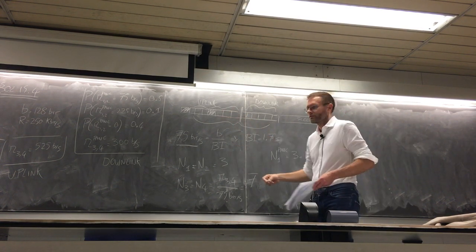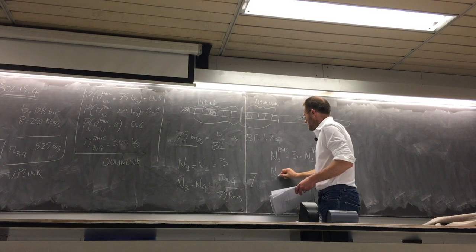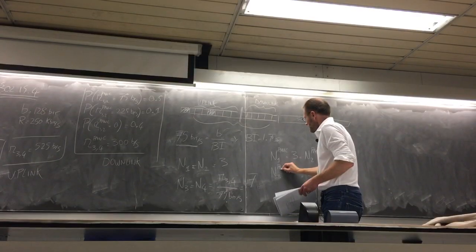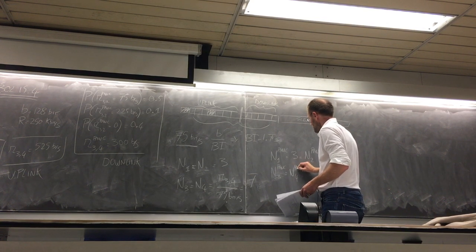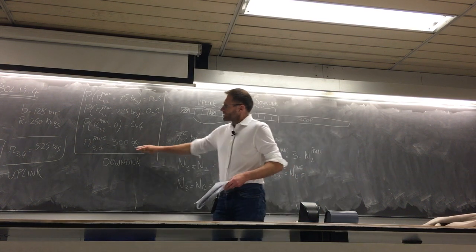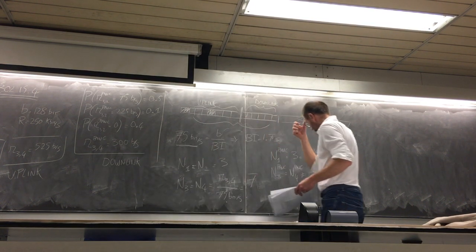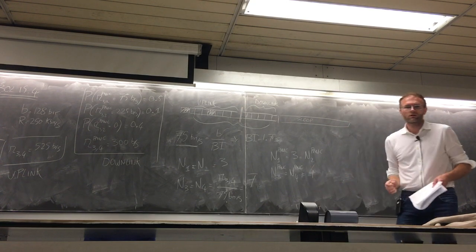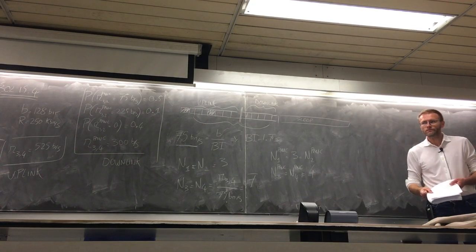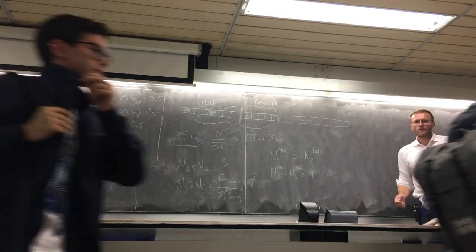M3 from the PAN coordinator is equal to M4 from the PAN coordinator, that is 750, which should be 4 slots each. Okay. Clear?